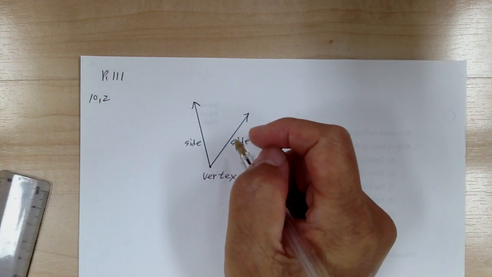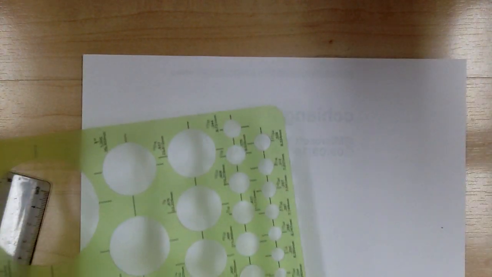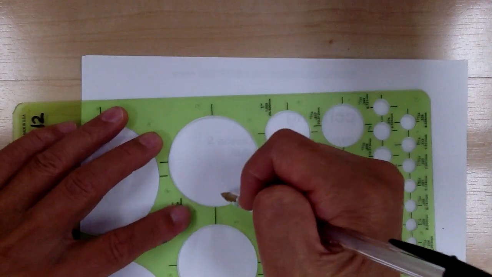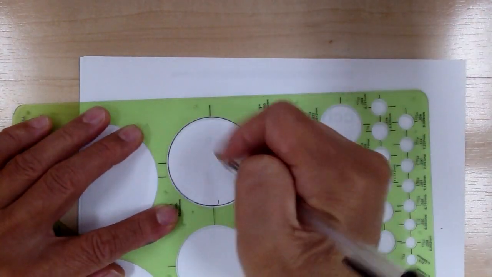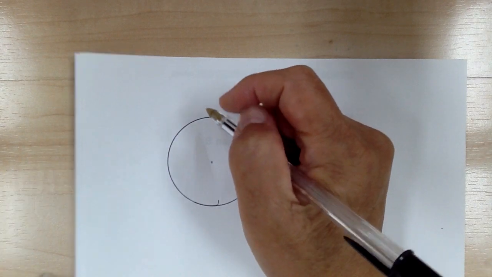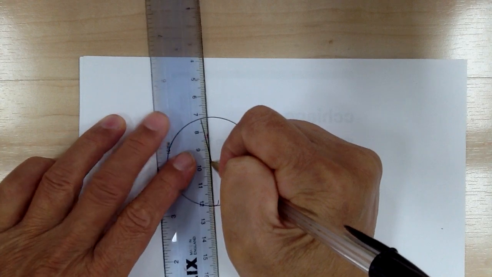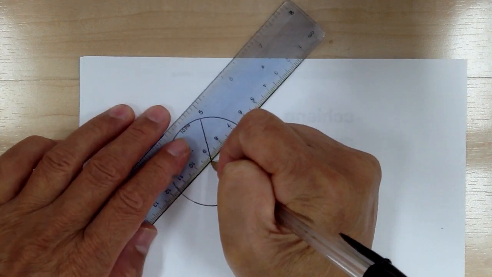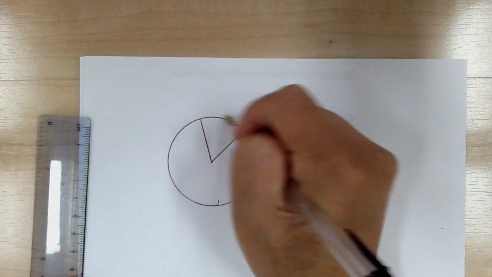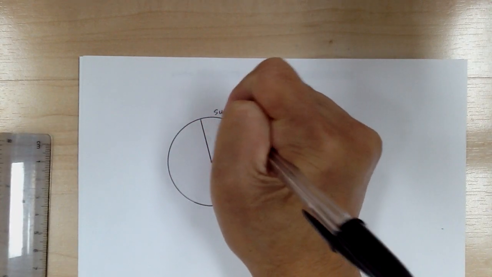Now if you're talking about a circle, let's look at the circle. The arc that got cut off is called a subtend.